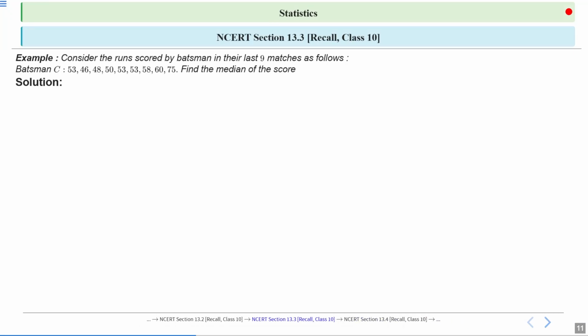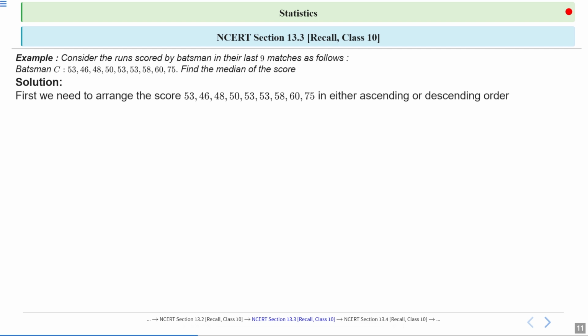Let's solve this example step by step. First, we need to arrange the scores 53, 46, 48, 50, 53, 53, 58, 60, 75 in order. This is an important step because the median is the middle value of an ordered dataset.